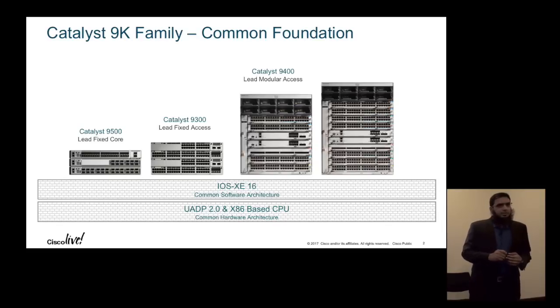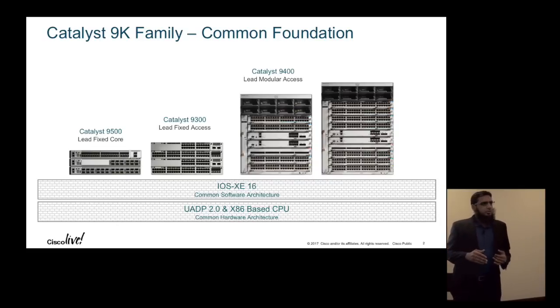The other key element from the hardware perspective is the x86-based CPU. And we'll talk about that a little bit more as well. On the software side, we have one common operating system, which is IOS XE 16, right? If you look at the Catalyst switches in the past, we had Catalyst 2K with a different image, different IOS train, 3K, another train, 4K, another one, and 6K, another one.